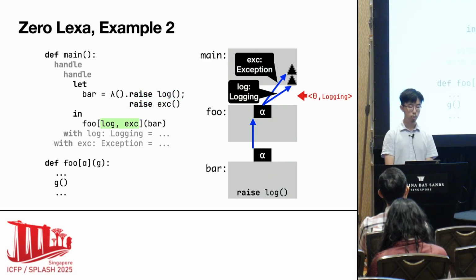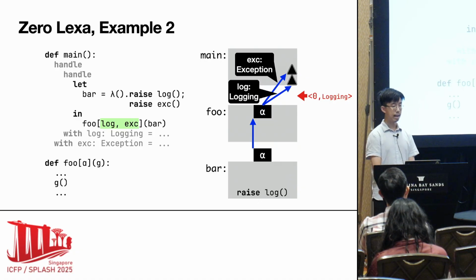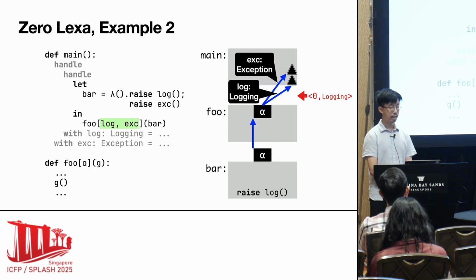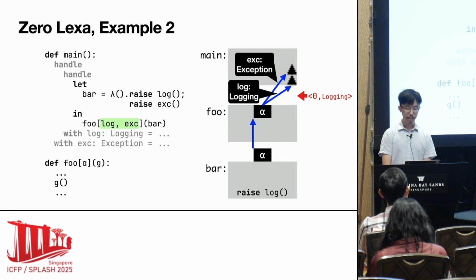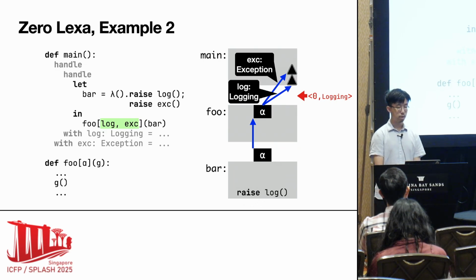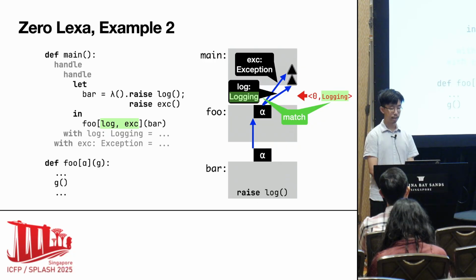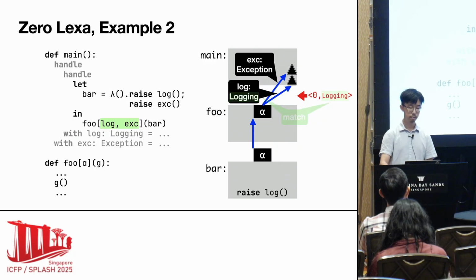Next, the stack worker reaches the next call site. The clue attributes the effect to alpha, but alpha is instantiated with 2 handler variables, one for handling exception and one for handling logging. The second field of clue now plays a role in disambiguating this fork. Because the variable log has a matching effect name logging, this variable is chosen.